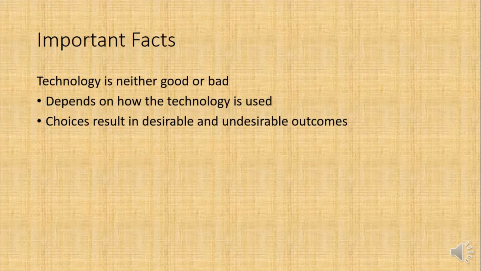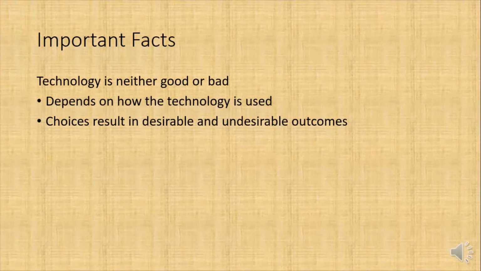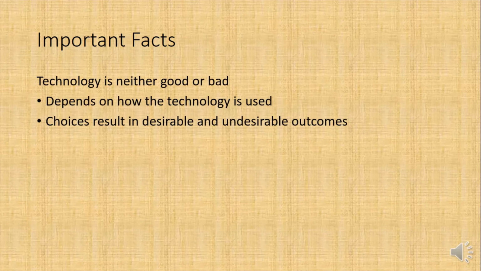We can get places faster. We can get there more comfortably, right? However, those are desirable outcomes. Undesirable outcomes would be the pollution that cars have, the potential for car accidents and injuries.